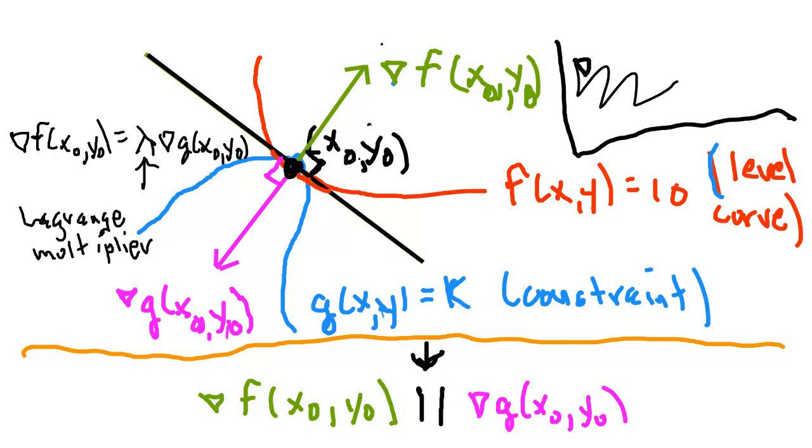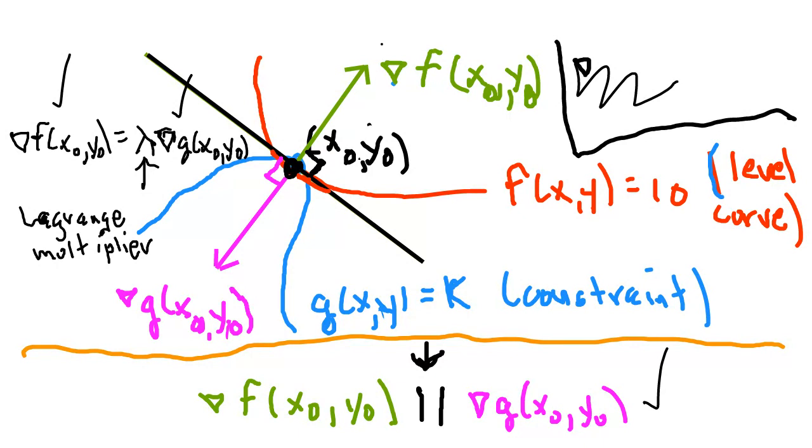So if two vectors are parallel to each other, then one vector is a multiple of the other vector, right? Because it has to be, because the two vectors are parallel. The mathematician Lagrange came up with this approach.